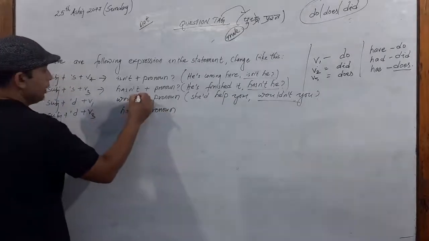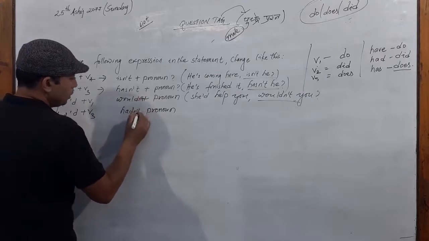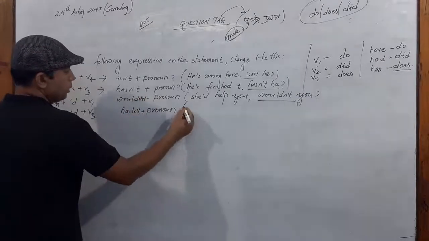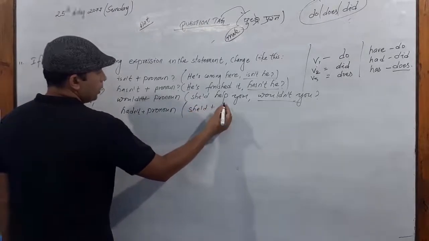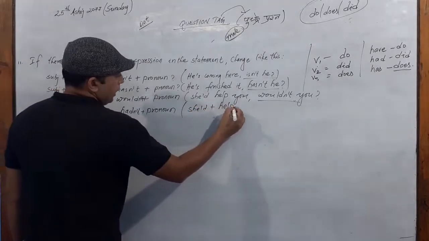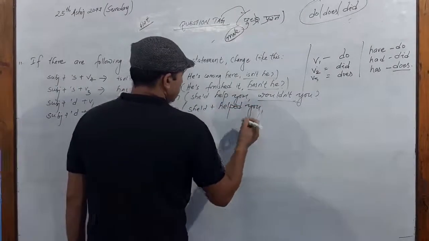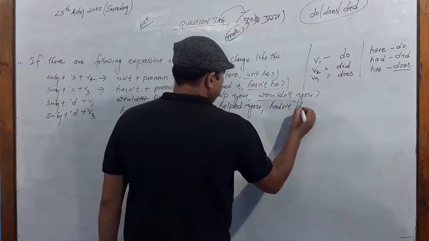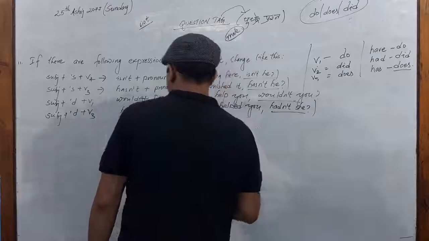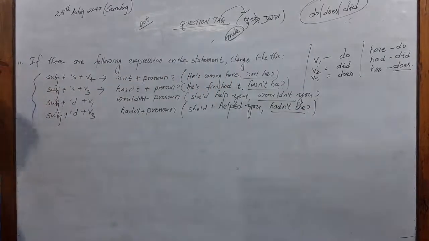Okay, let me write the negative so that it won't be confused. If there is saved plus helped, in place of help, then add, and see. So these 4.